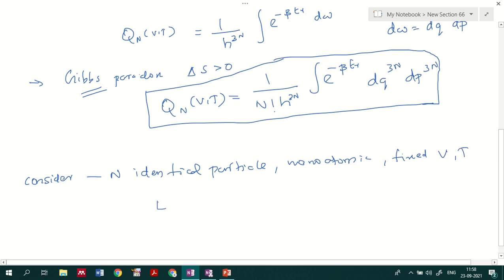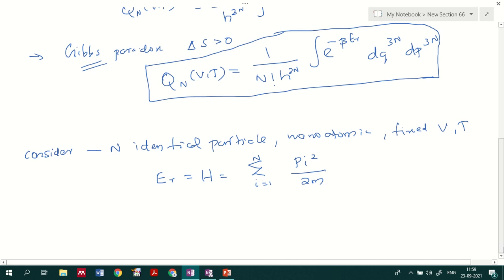So when you represent that, the energy corresponding to that, which is equal to the Hamiltonian, is the sum over i equal to 1 to n of pi square divided by 2m. Here we are dealing with a monoatomic case.